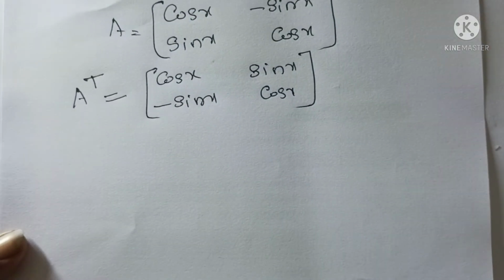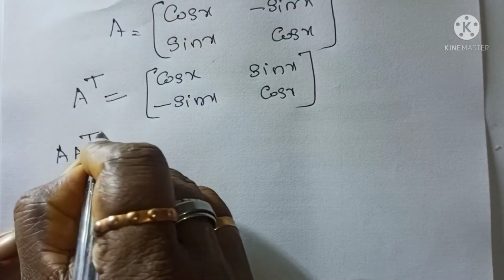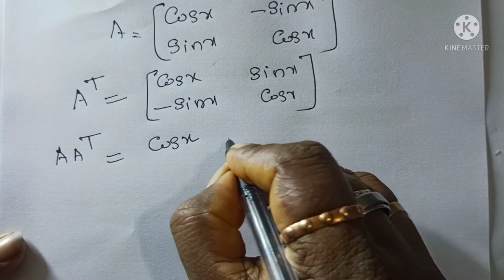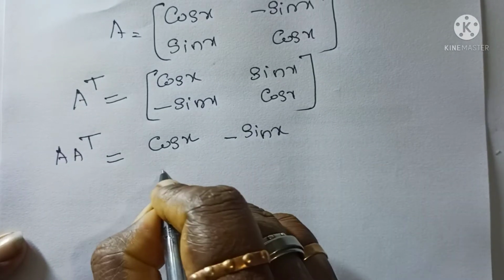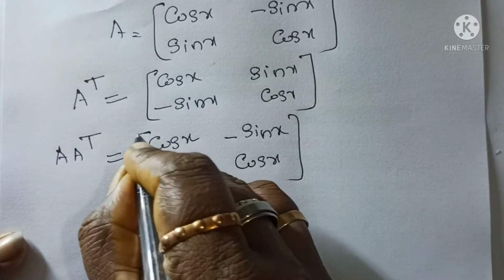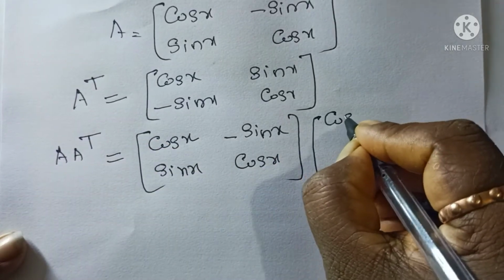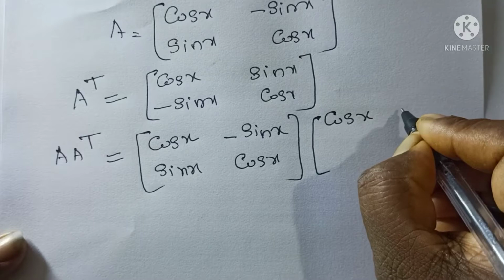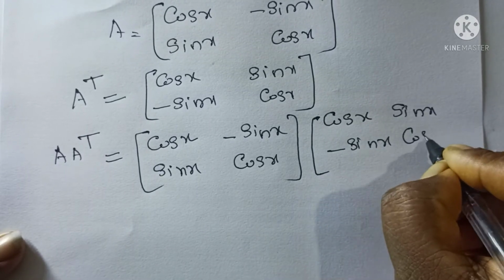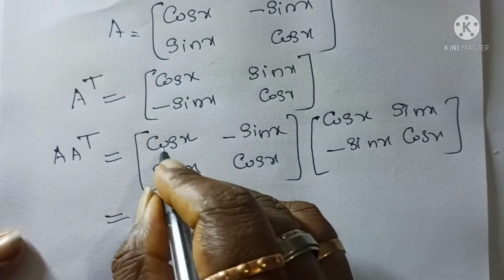Then A into A transpose is equal to A: cos x, minus sin x, then sin x, cos x, into A transpose: cos x, sin x, minus sin x, cos x. Then you multiply this.